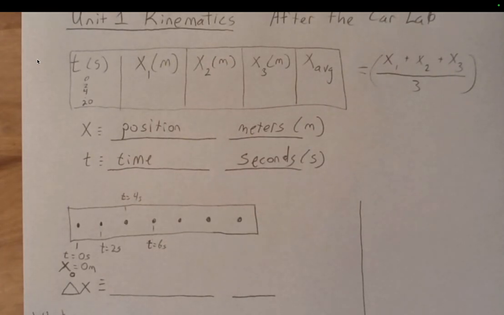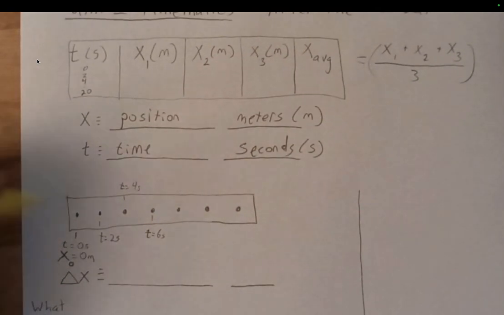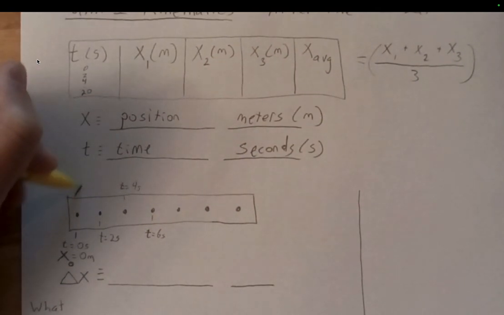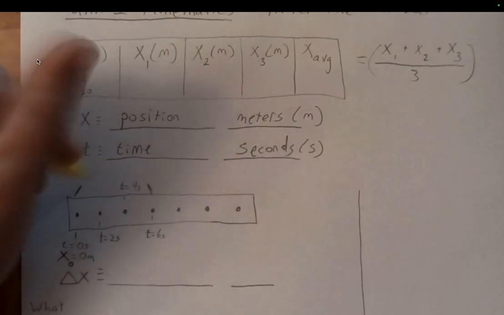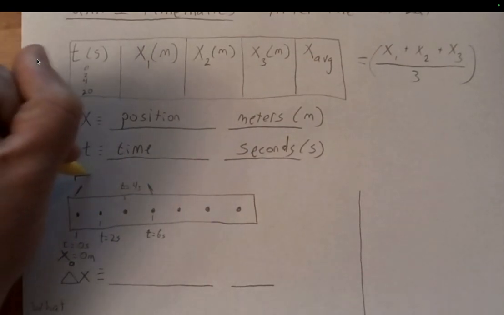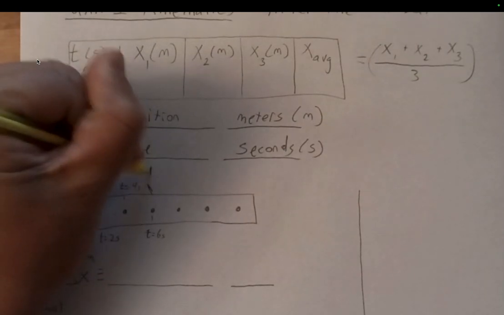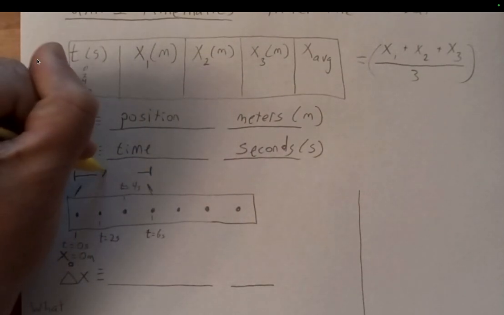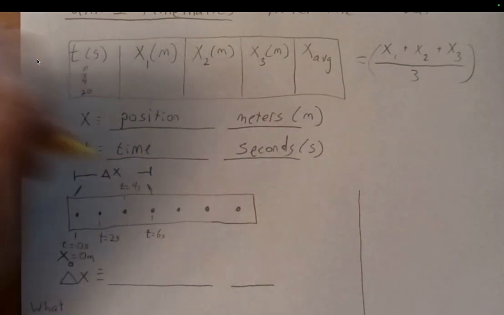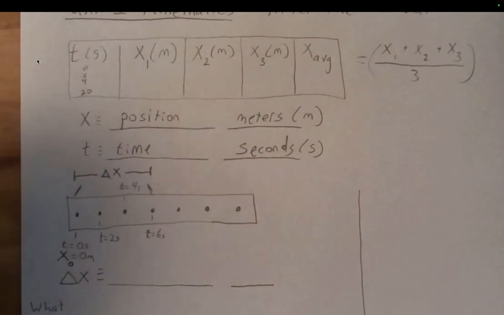And so we can get to a displacement here by getting from where it started to where it ended. And then this whole distance would be this displacement from where it starts to where it ends.